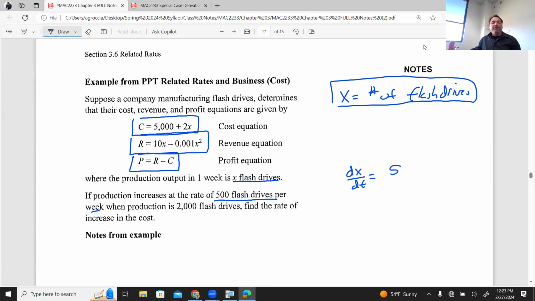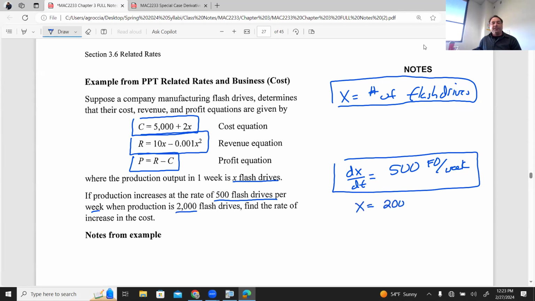And this would be 500, and we'll put FD per week. FD is flash drives. Okay, so they're giving you a rate. So that's why it's going to be a little different. And then they tell you that the production is 2,000 flash drives. So X is 2,000 flash drives.